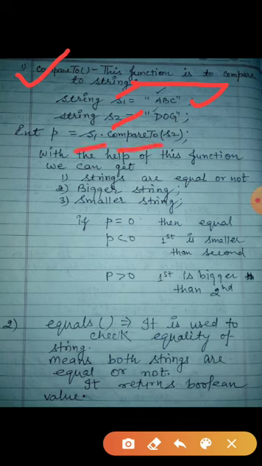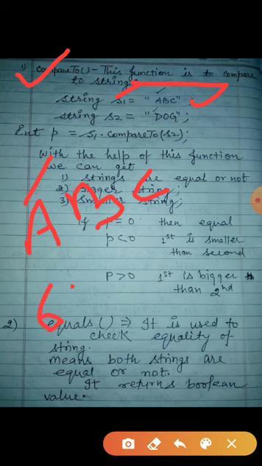S1 dot compareTo S2. Okay, so now what will go in P? Please pay attention. Listen. The first string is what? ABC. So the computer will take the ASCII value of A, the first string's first character. What is the ASCII value of capital A? 65.